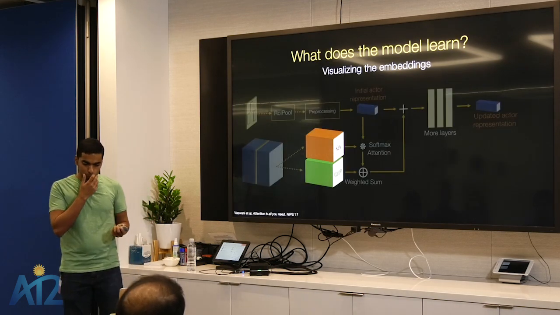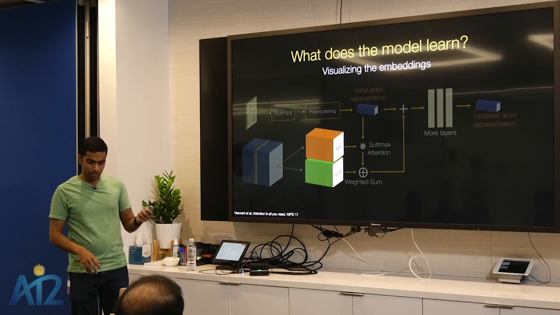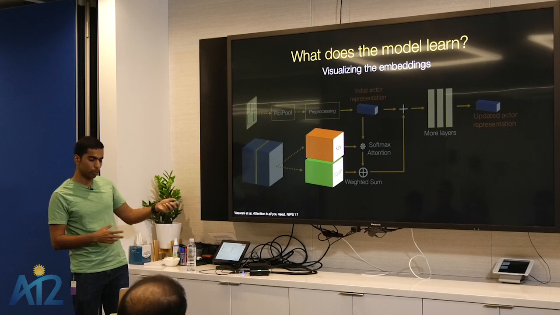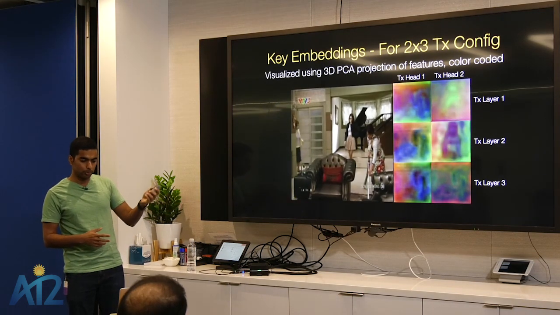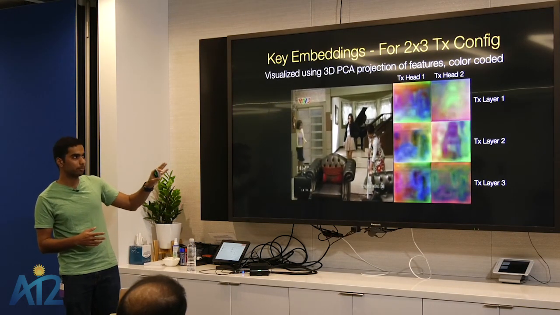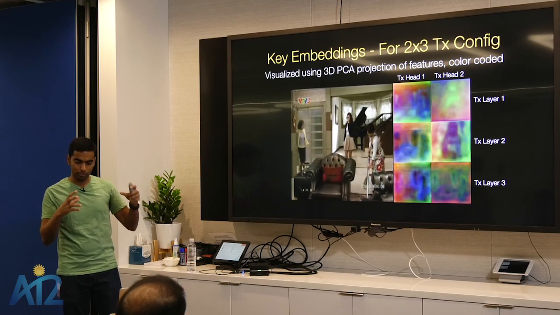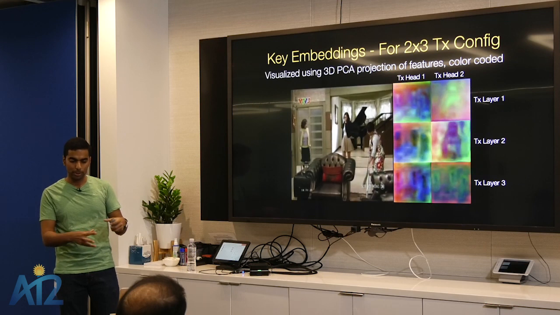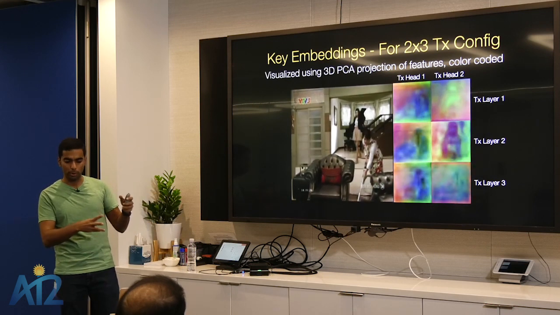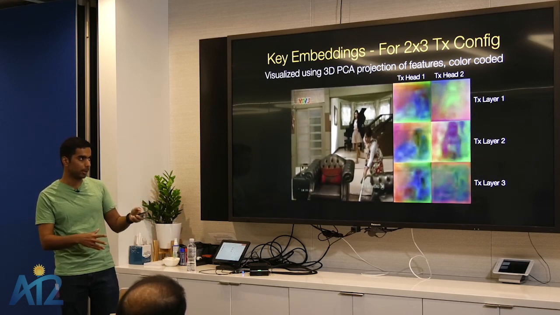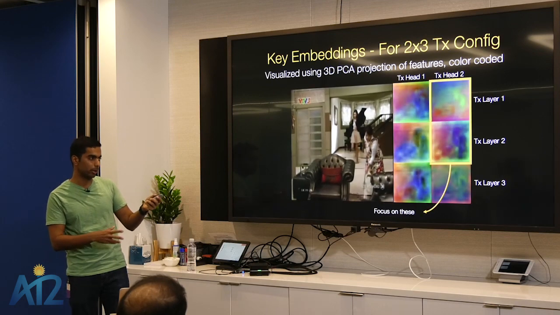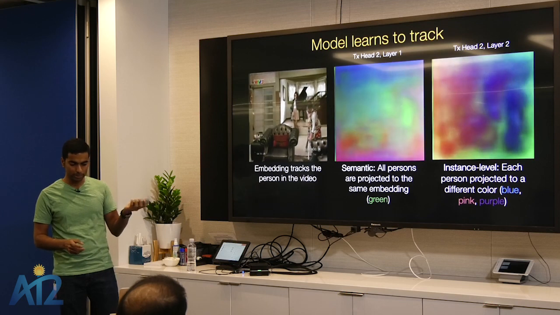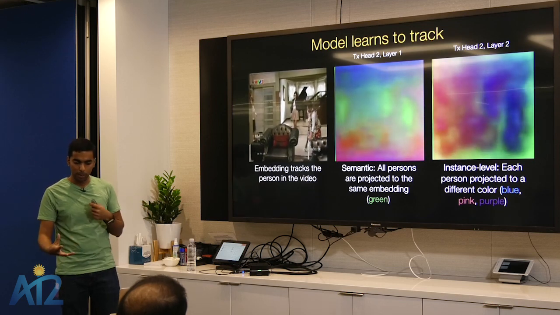Okay, so we can also visualize what the model is learning. We can first look at these key and value projections. These were just linear projections of the original video feature. Here I'm showing all the projections, the feature representations converted to 3 dimensions using PCA and then color coded, for all the 2 heads and 3 layers that we have. If we just focus on 2 of these, what we see is the model learns to track people over time.